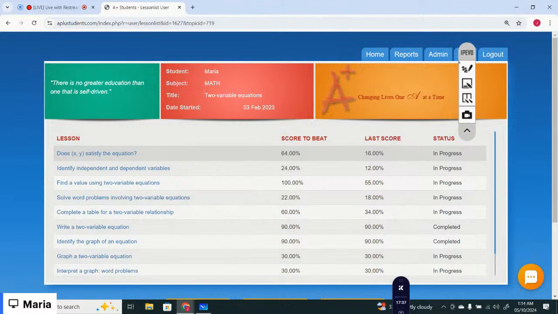The next lesson is write a two variable equation.